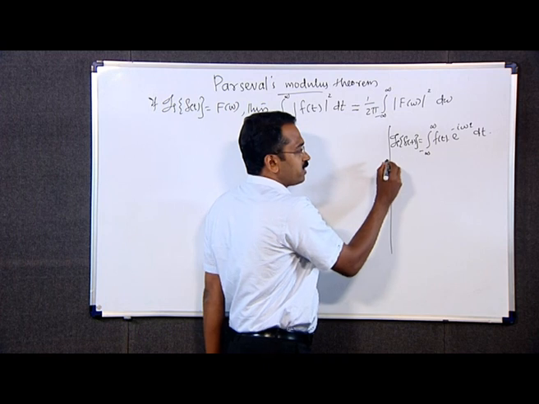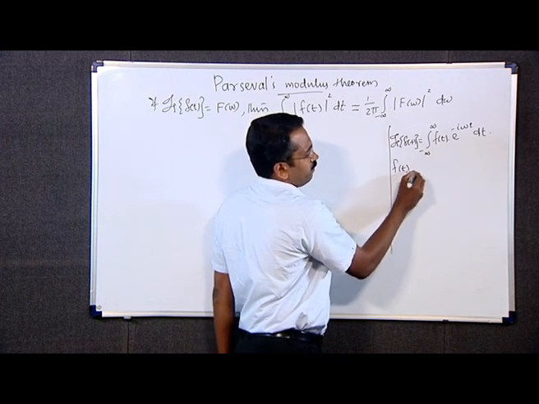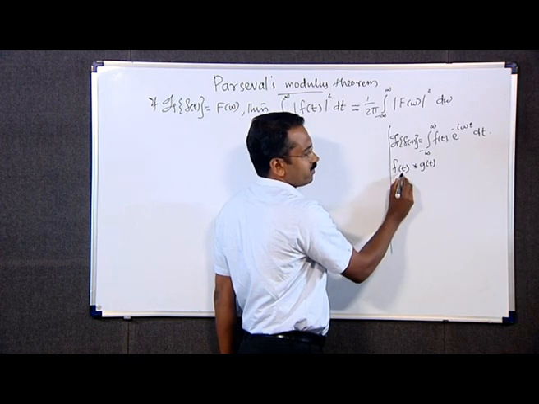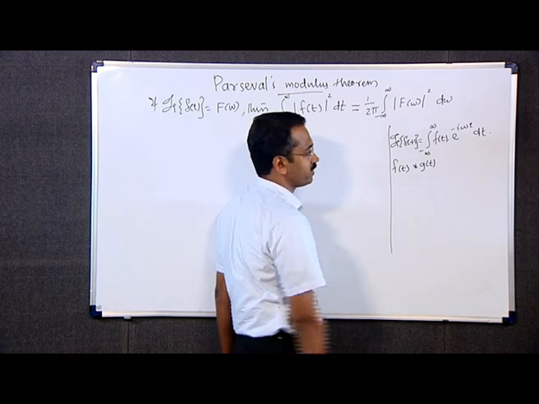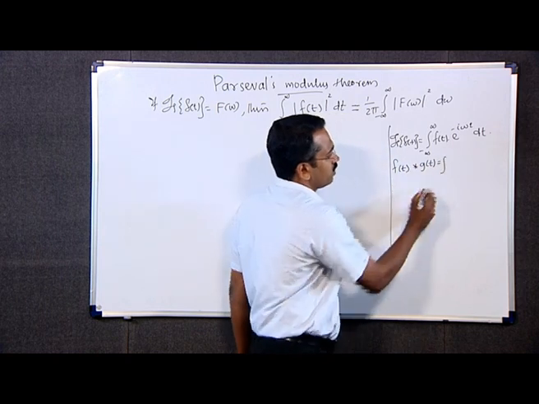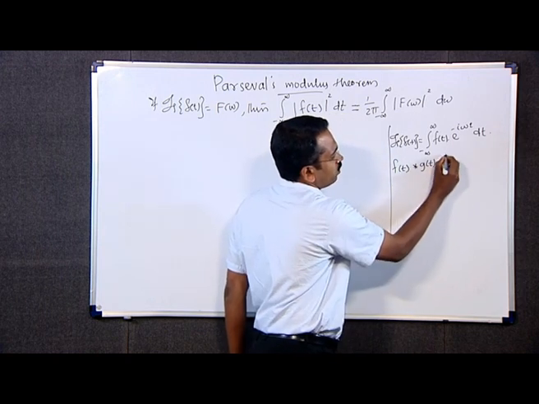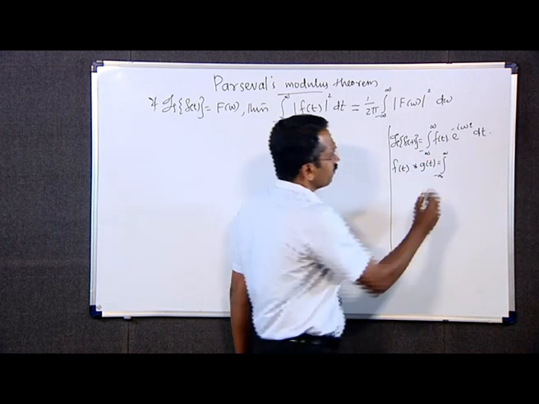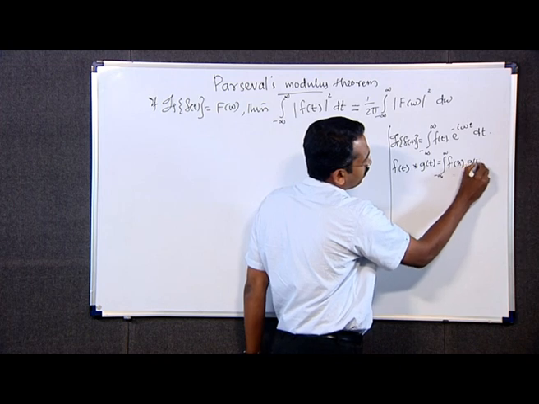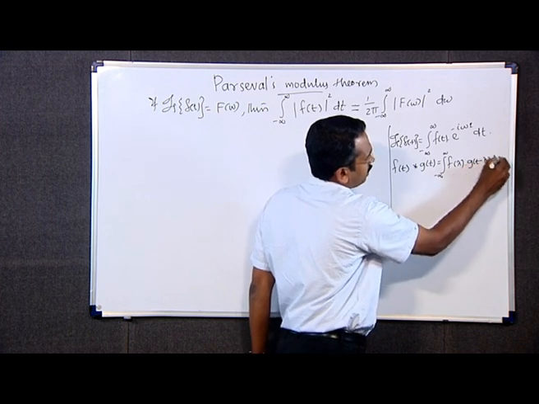The convolution between two functions f(t) and g(t) is denoted as f(t) star g(t), which is defined as the integral from minus infinity to infinity of f(lambda) into g(t minus lambda) d lambda.